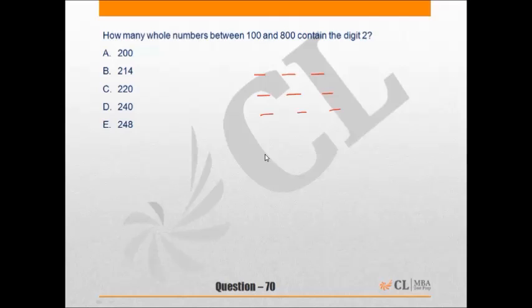And the second way is to find all the numbers in the given range, which can easily be found as 799 minus 100. This comes out to be 699, and we need to subtract from this number all those numbers that do not contain 2 in the given range.